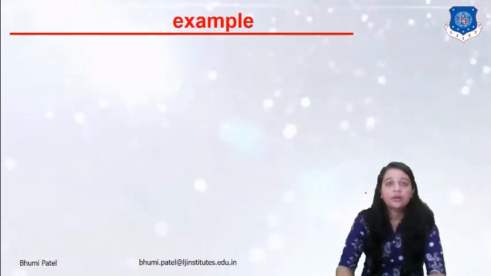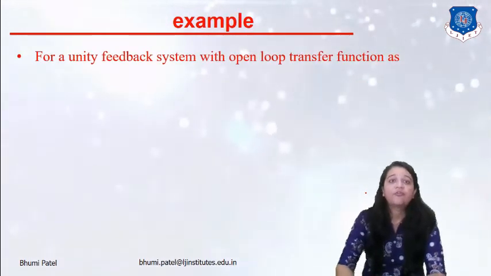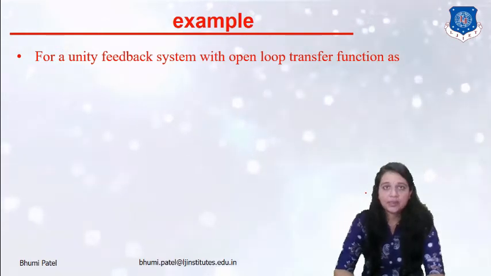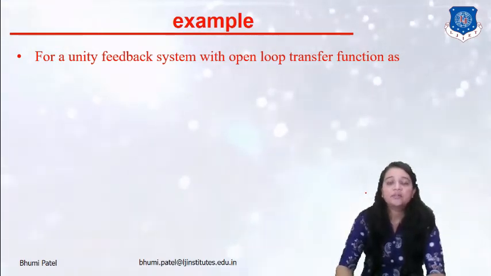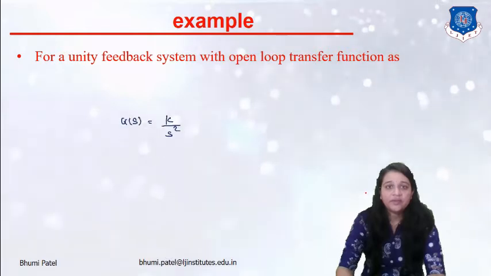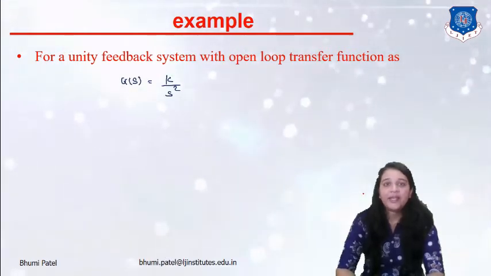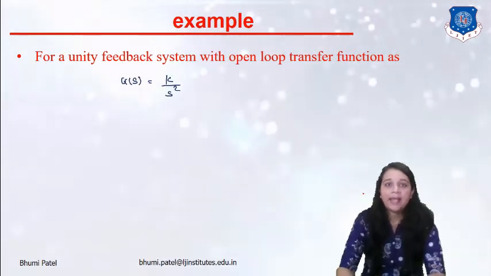Example number 1: for the unity feedback system with open loop transfer function G(s) = K / s².